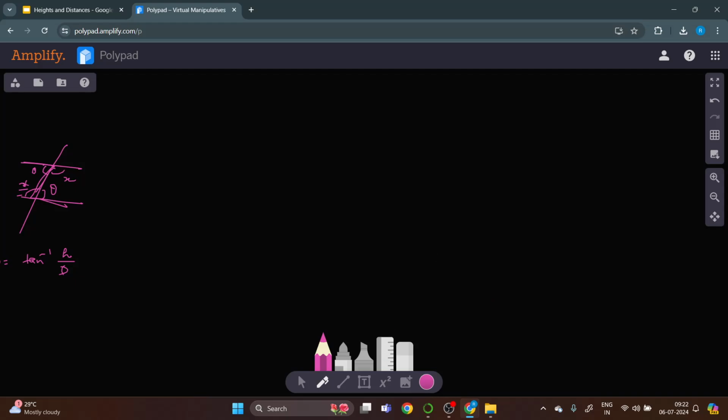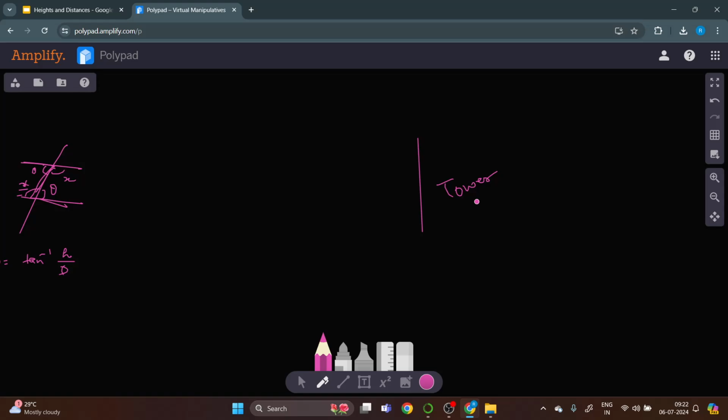Now he's saying that there is a tower. Shadow is being formed on the surface, the ground, so definitely the sun will be above the tower.